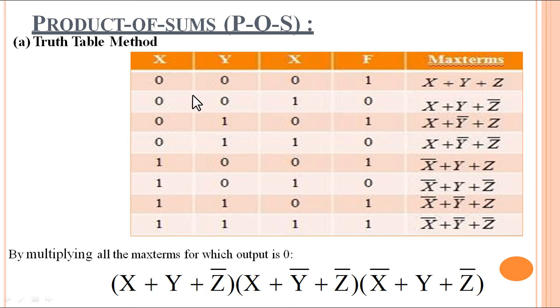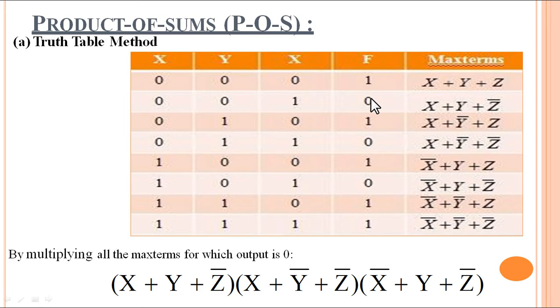So it is x plus y plus z, which has been written over here, seeing the corresponding values. x plus y plus z bar, that you can see over here. x plus y bar plus z, over here. x plus y bar plus z bar, over here. x bar plus y plus z, over here. x bar plus y plus z bar, over here. x bar plus y bar plus z, and so on.